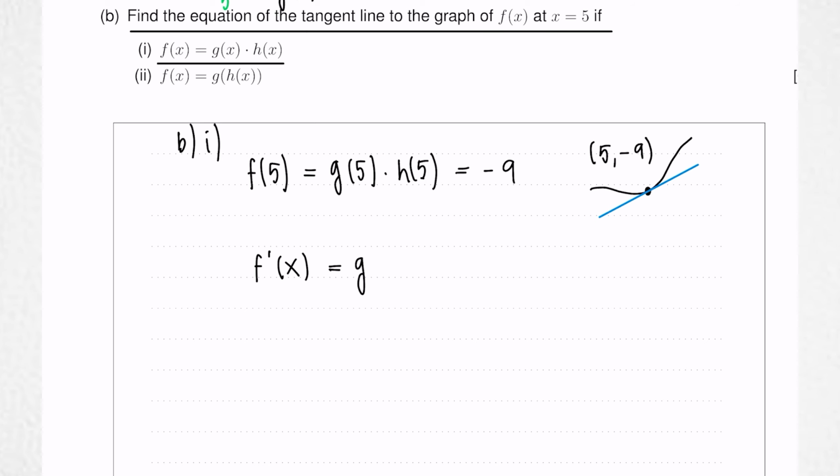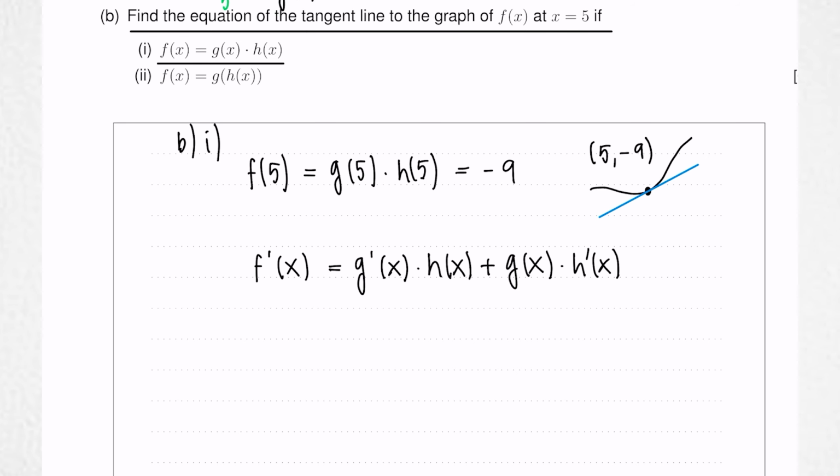And to find the slope, we need to find the derivative of f. Given that f is a product between g and h, we need to use the product rule for that. So let's apply the product rule for f of x first. Now f prime of x is g prime of x times h of x plus g of x times h prime of x.